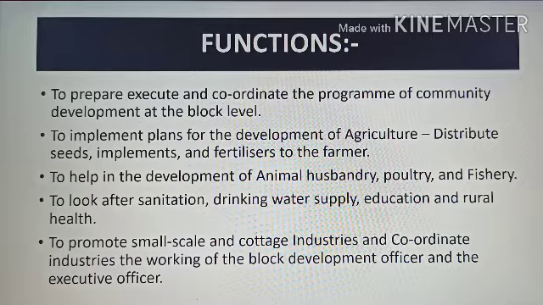To help in the development of animal husbandry, that is cattle rearing, poultry and fishery, and to look after sanitation, drinking water supply, education and rural health. To promote small scale and cottage industries and coordinate industries and the working of the block development officer and the executive officer. So it will act as a link between all these people and see that all the work is being done properly.